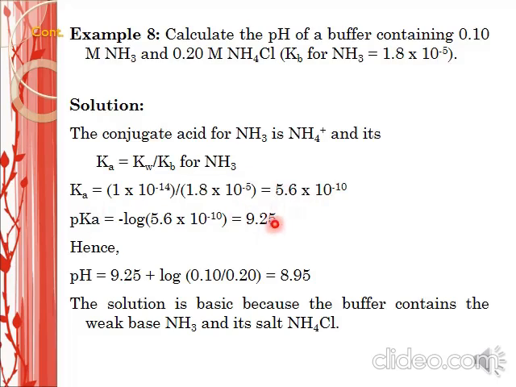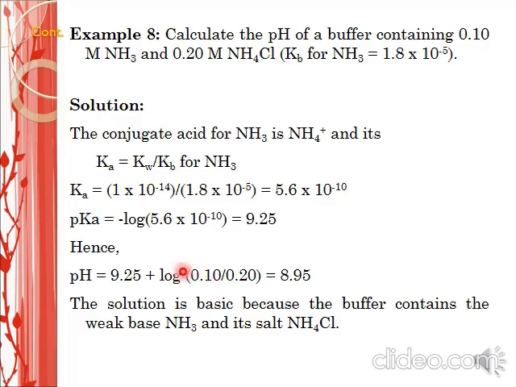Okay, so this 9.25 you substitute in the Henderson-Hasselbalch formula. And then for the concentration of base over acid, acid will be the denominator here, because we are calculating pH, so at the bottom should be acid.